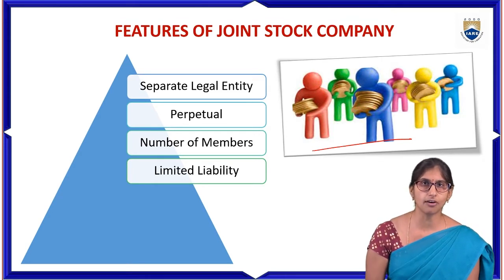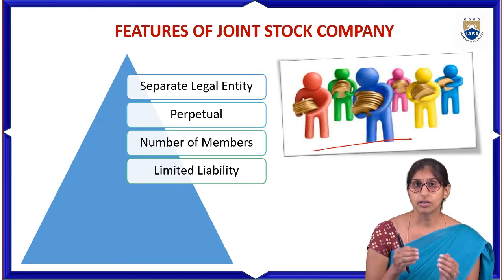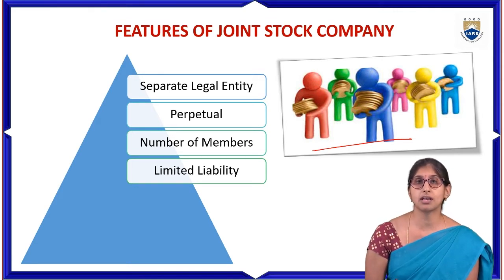But in a joint stock company, if the company is taking a loan from banks or outsiders, the company itself is responsible, not the shareholders of that company. That's the reason shareholders have limited liability.